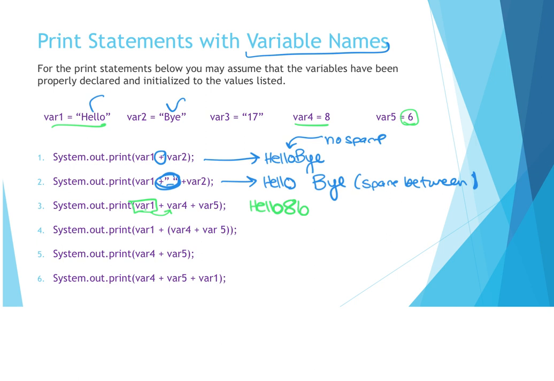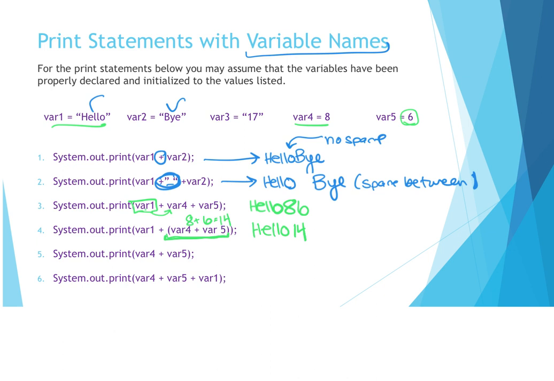Now, the next line of code, the big difference that it has is this set of parentheses. So what's going to happen is the set of parentheses is going to come first. And because the 8 plus 6, neither of those contain quotations, this is a math problem, and this becomes 14. So this one actually prints out to be hello 14 because of the use of parentheses there.